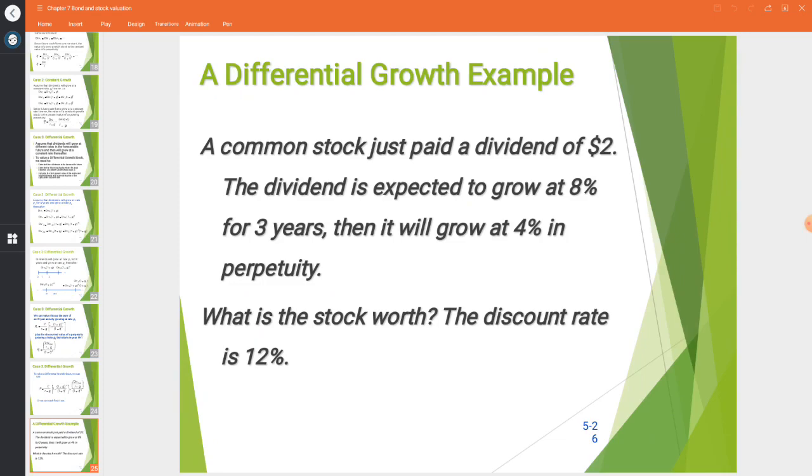As you see, we have 2 periods of time from today to the end of the third year. We have a specific growth rate of 8%, and then after the 3 years forever, we have another growth rate G2 of 4%.